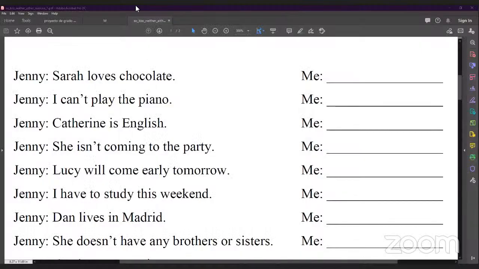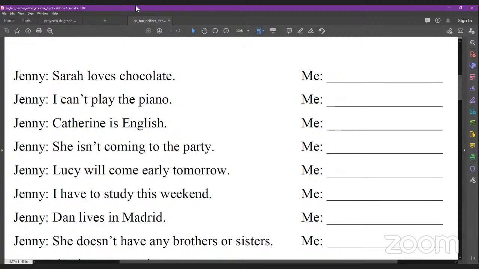Let's practice the exercise. Okay, let's carry out this activity. I'm going to help you with the exercise 1, 2, and 3. Okay, so let's focus on the number 1.